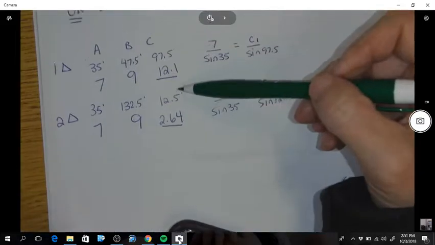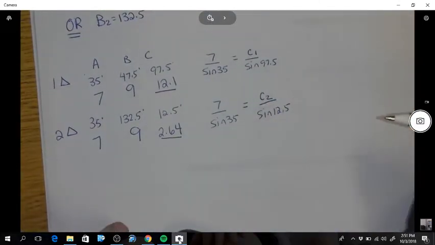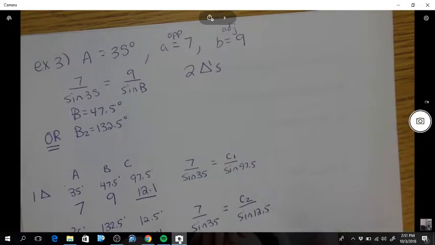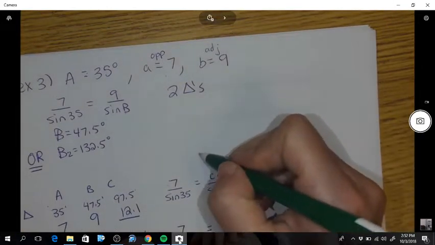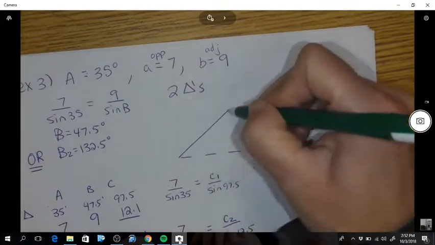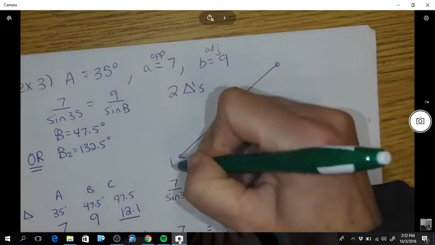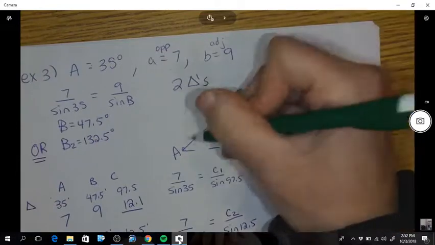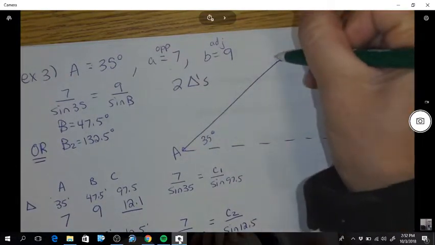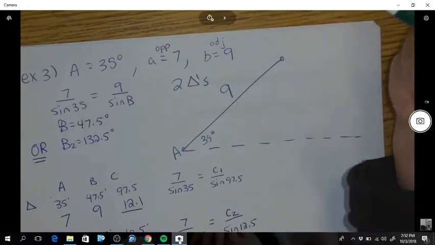So these are my two triangles. Let's draw this out. I don't know side C. I know angle A is 35 degrees. I know that this length is 9.